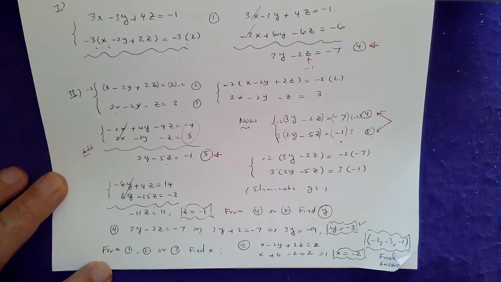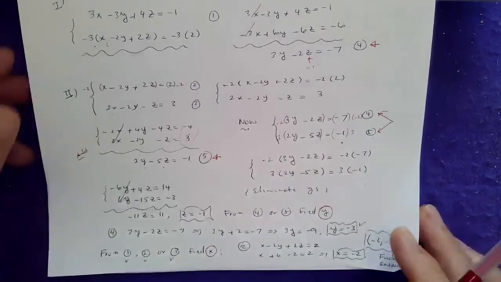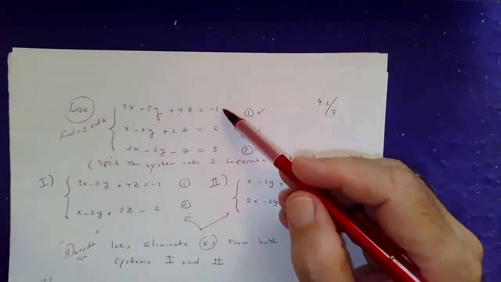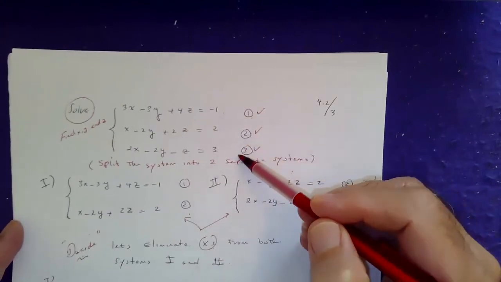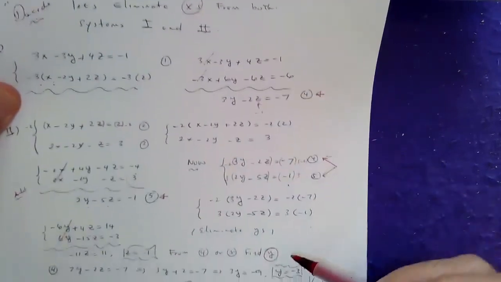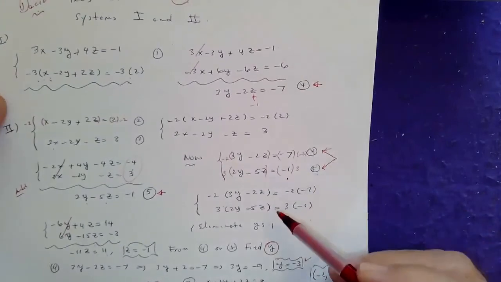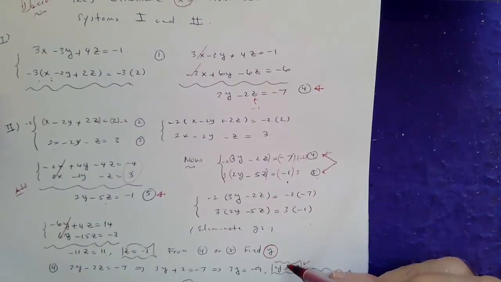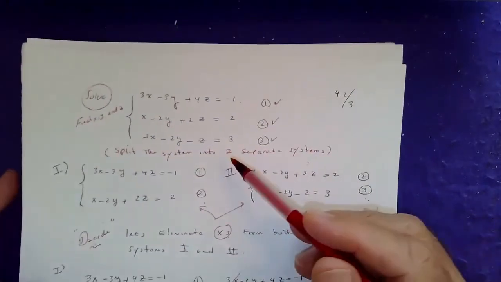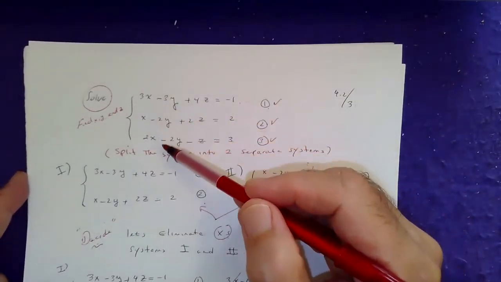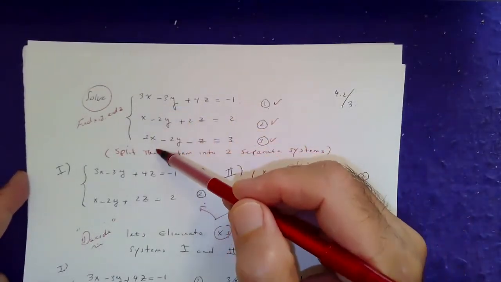Now you are allowed to go to any of the original equations 1, 2, or 3 and find your x. Pick your favorite equation right here, because you already know what z and y are. So the only thing you don't know is x. So pick any of these, because they all have x's in them.